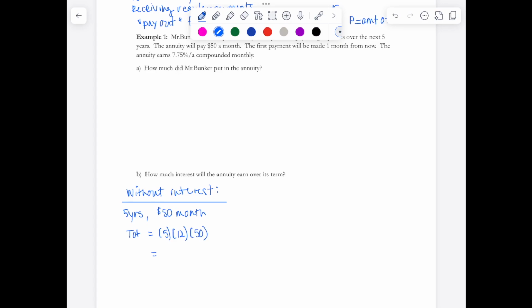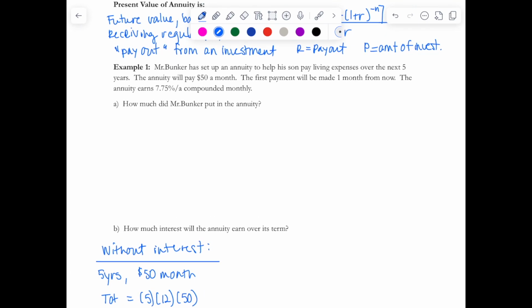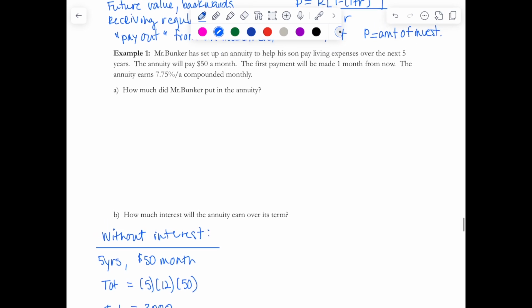What is that? $3,000. So instead of banking $3,000 now, what Mr. Bunker can do is put a smaller amount into an investment, and as it grows, it will pay out monthly, but he'll still manage to pay out exactly $3,000.